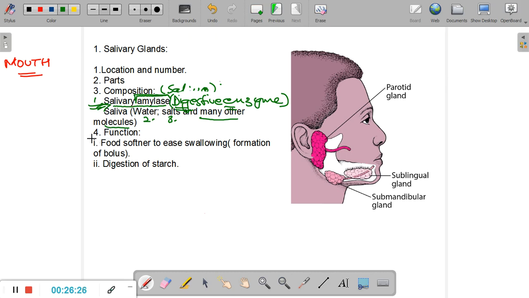Now, what is the function of saliva? Number one, the function of the saliva is to soften the food. I'm sure all of you have eaten some hard food items. For example, you must have eaten almonds, and not just hard foods, but also hard and dry foods.